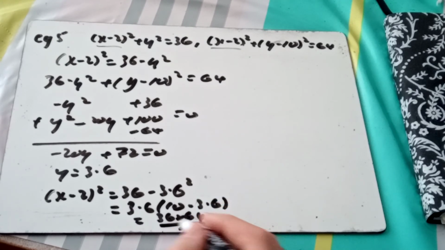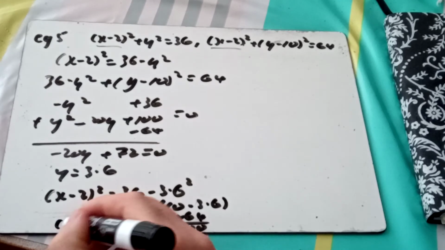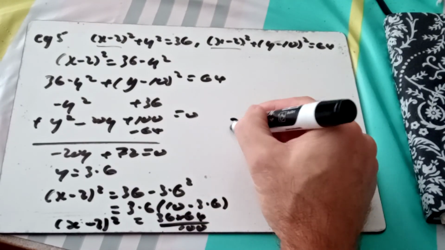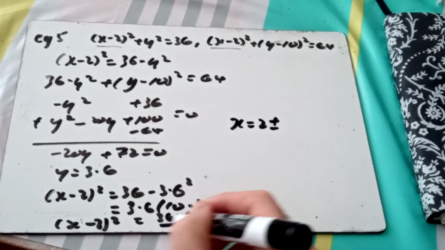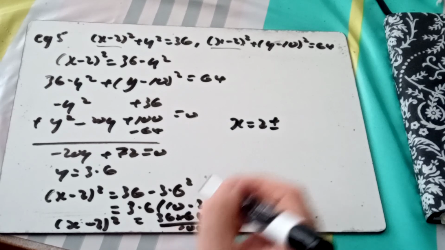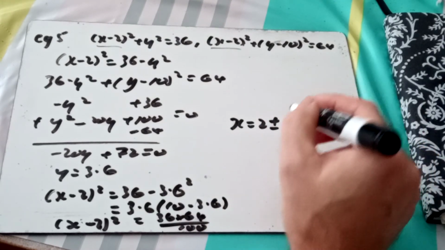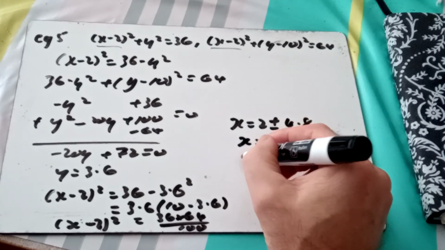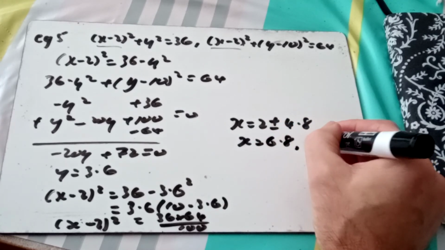So I can square root it. Okay, so x minus 2 all squared is that, so x will equal 2 plus or minus this, x equals 2 plus or minus 6 times 8 over 10, 4.8. So x will equal 6.8 and y equals 3.6.